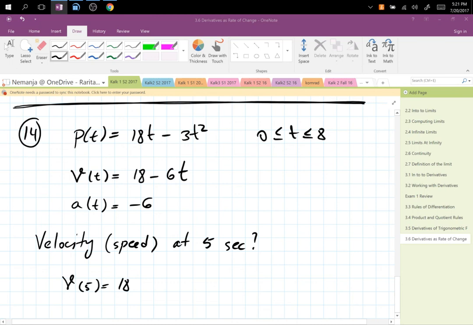Very good. So 18 minus 6 times 5 is -12. Now, does it make sense to be -12? The velocity, meaning, no, it just means going the opposite way, right? Going down.